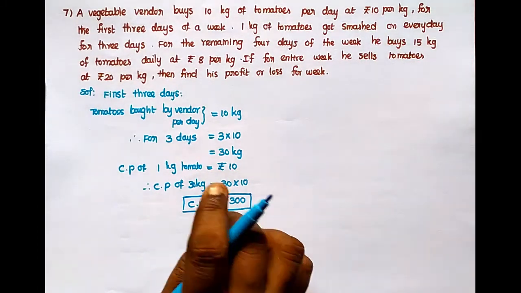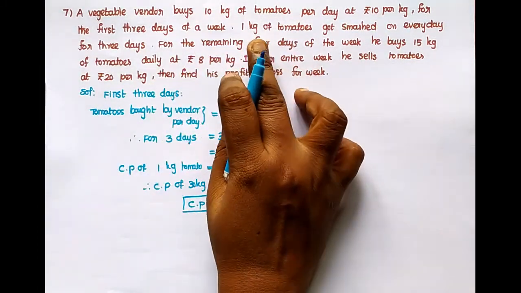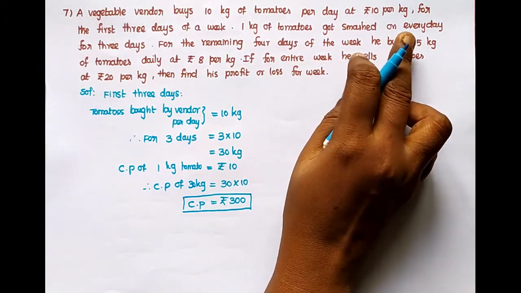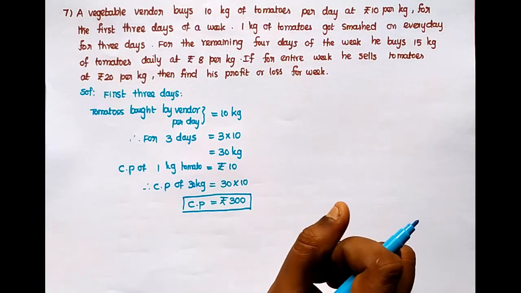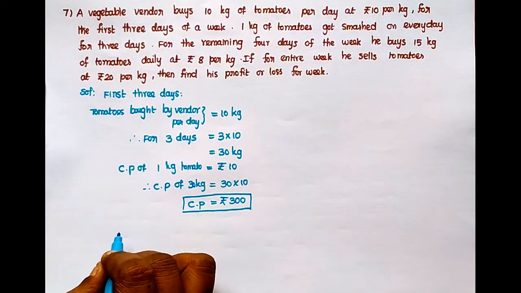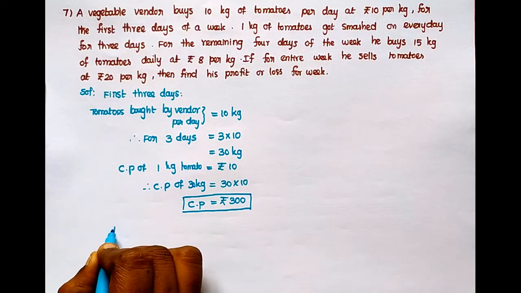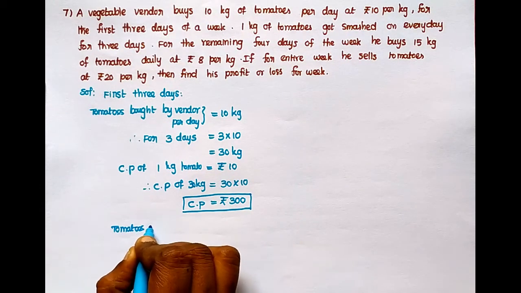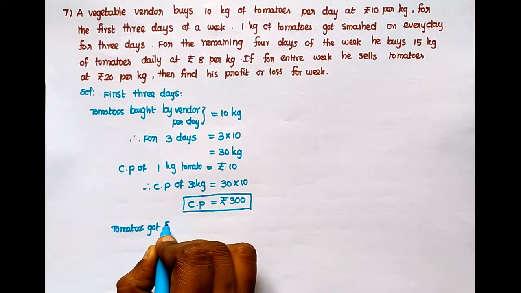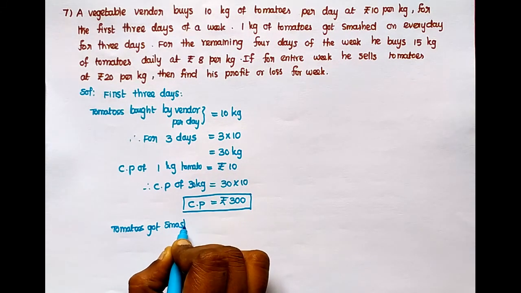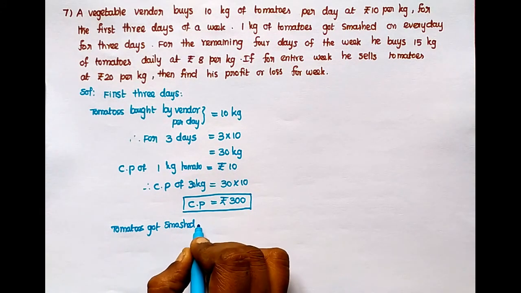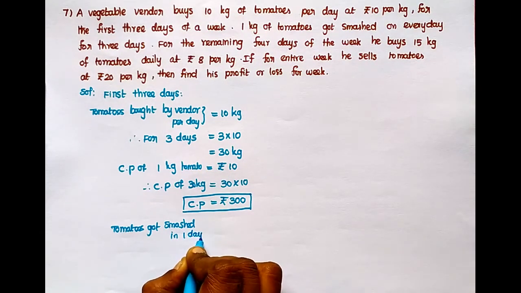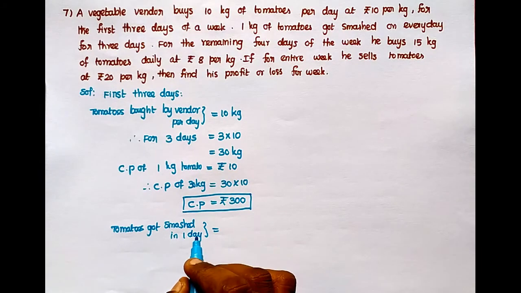Now listen what they given. 1 kilogram of tomatoes got smashed on every day for 3 days. So tomato got smashed in 1 day. 1 day how many kg smashed?